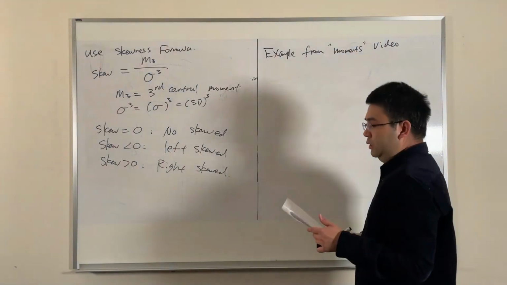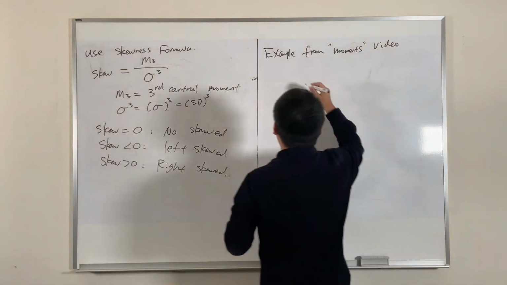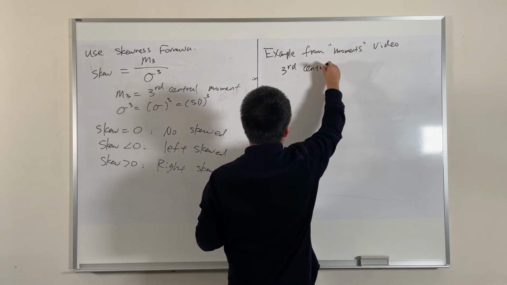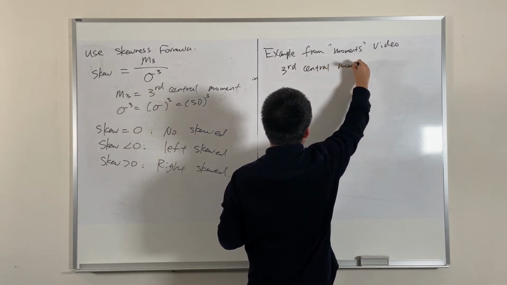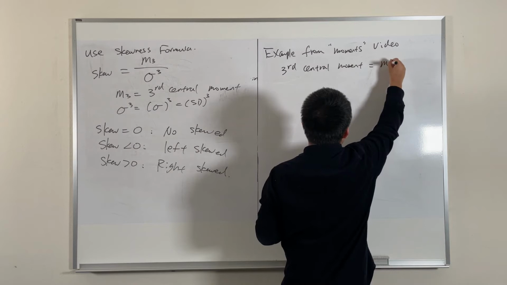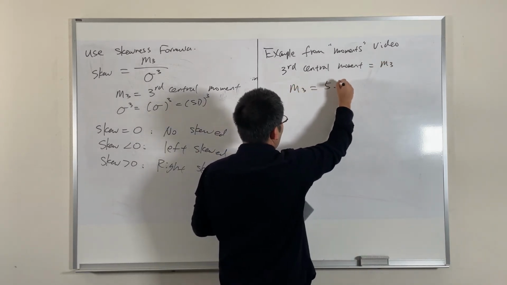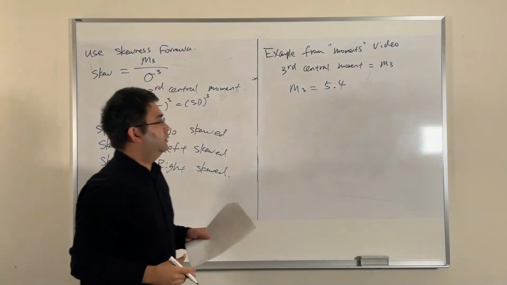From that video we got the third central moment, or M3, equals 5.4. We got this value from the previous video.